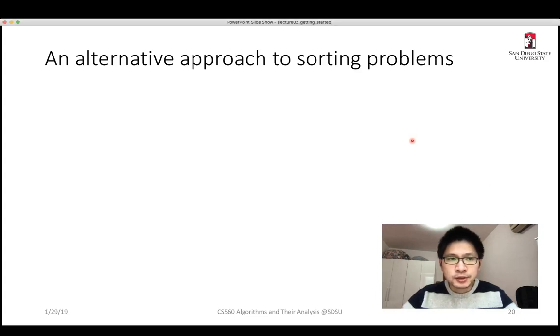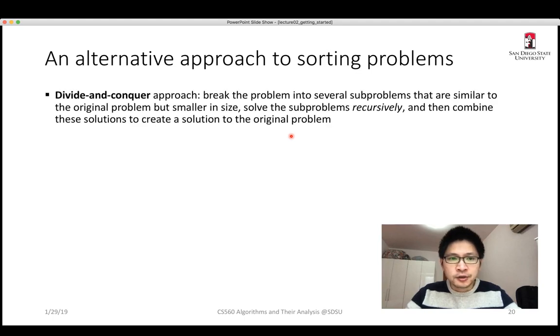So what is this alternative divide and conquer approach to sorting problems? According to its definition, divide and conquer is an approach that breaks the problem into several subproblems that are similar to the original problem, but smaller in size.